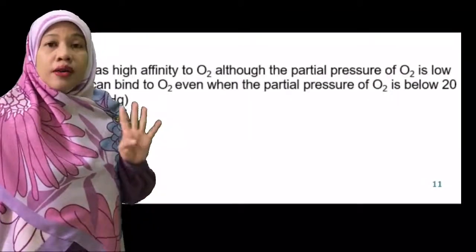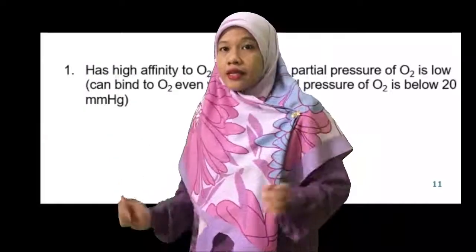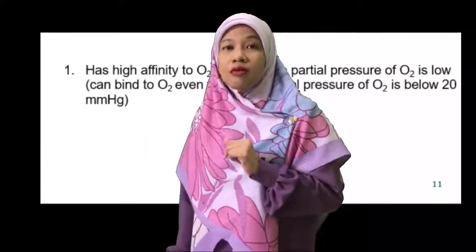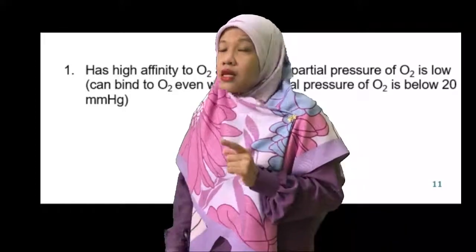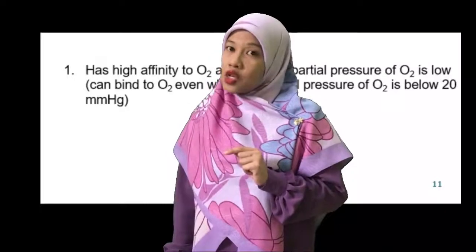Our respiratory pigments have several characteristics. So basically there are 4 main characteristics of hemoglobin. The first characteristic of hemoglobin is that it has high affinity towards oxygen. It means hemoglobin can bind to oxygen even though the partial pressure of oxygen is low.